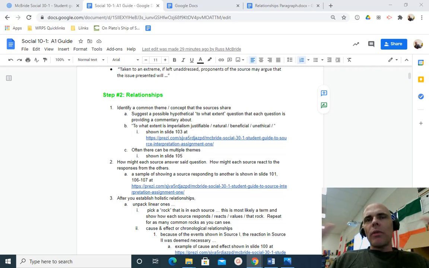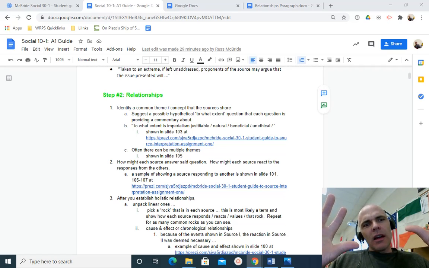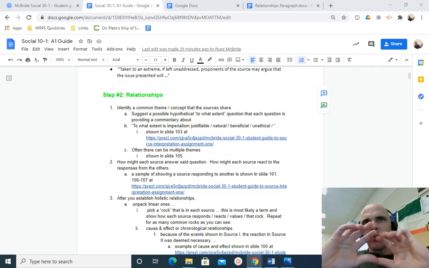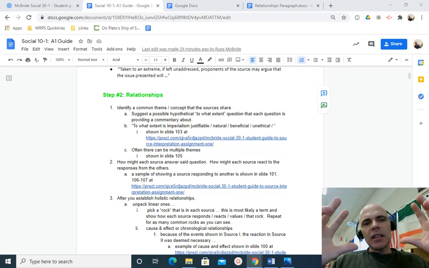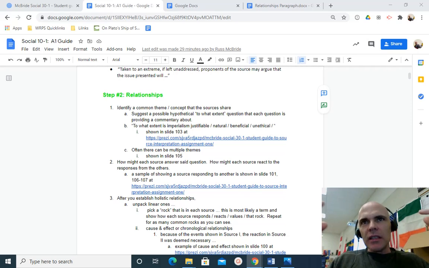Now, one thing that we do need to mention is that in order to be a little more precise and a little more judicious and not as vague with the relationships, it's nice that as teachers, when you're teaching these units, you keep mentioning these recurring themes, so that when the students sit down and write the exam and they're looking at these three sources, they're not at a loss thinking about what potential themes they are looking for.